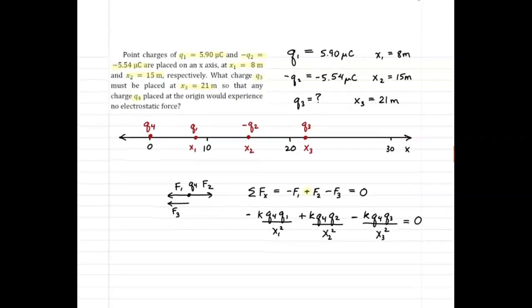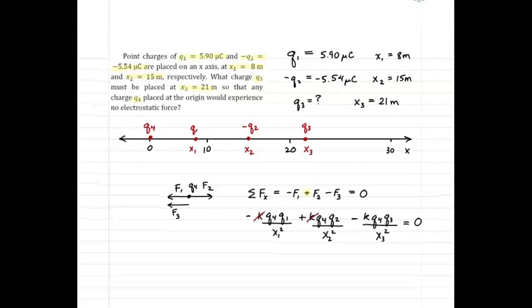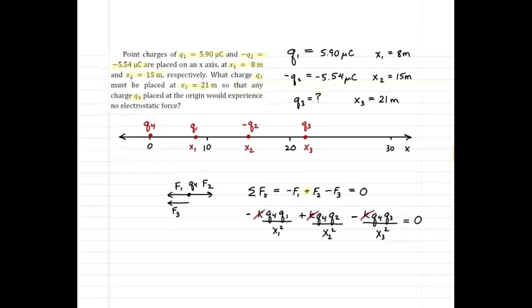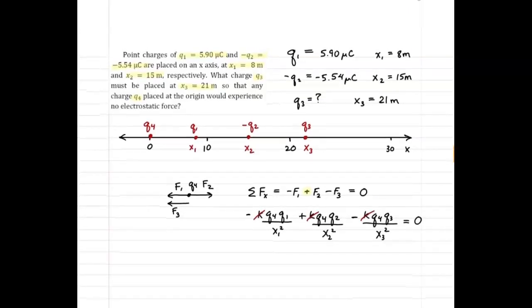If there are factors that appear in every term and the other side is 0, you can cancel it. So here, K appears in every term, so we can cancel it. This other side has 0, so that allows us to cancel. Another factor that appears in all these terms is Q4, so we can actually cancel that as well.